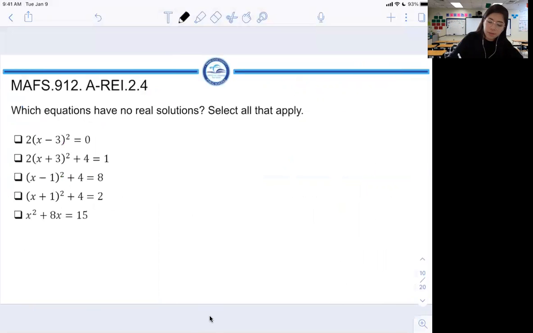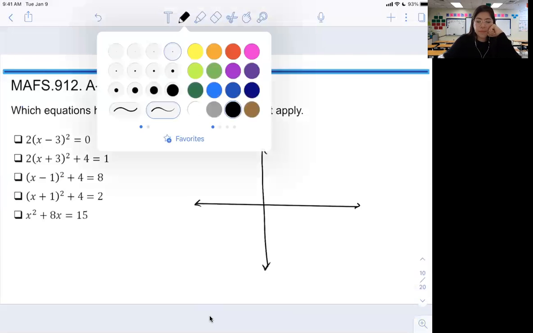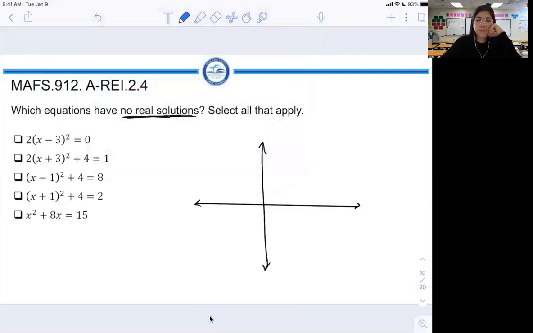No solution. What does it mean to have no solution? If you have a quadratic equation and I graph it on a coordinate plane and it has no solution, what does that mean? What does that mean on a graph?